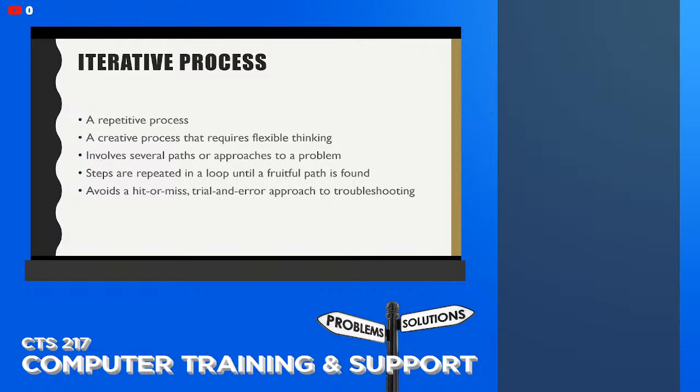And then when that solution doesn't pan out, what do we do from there? Right? So when we're looking at an iterative process, we really see something that requires flexible thinking. It requires you to be creative to some degree.